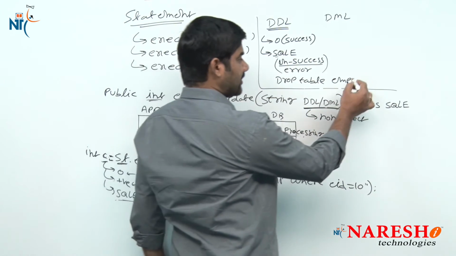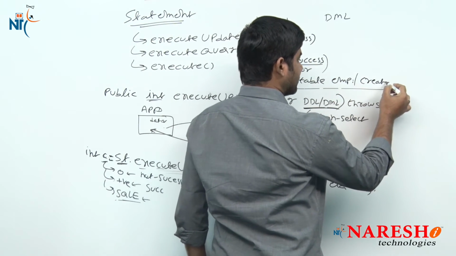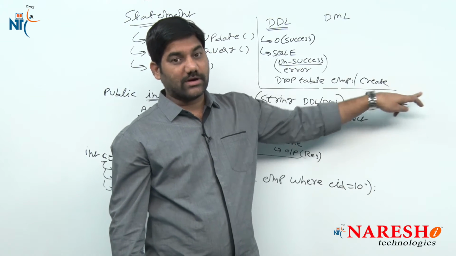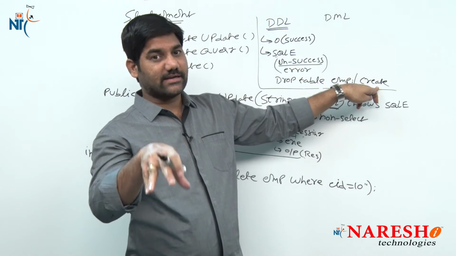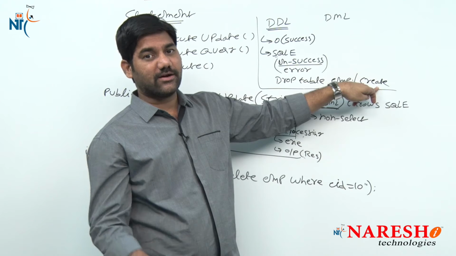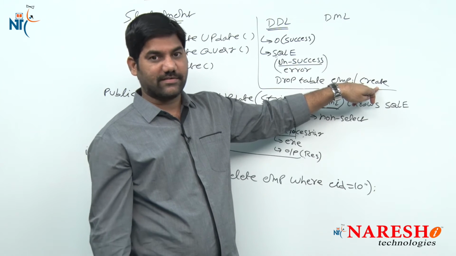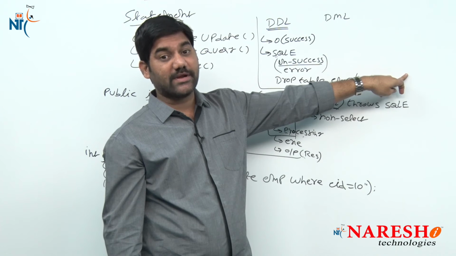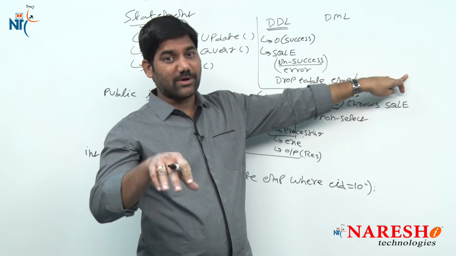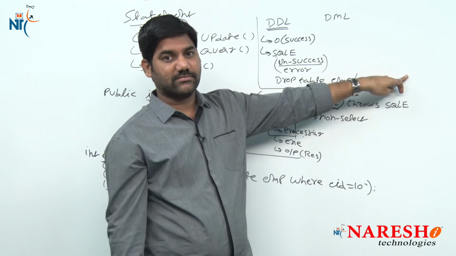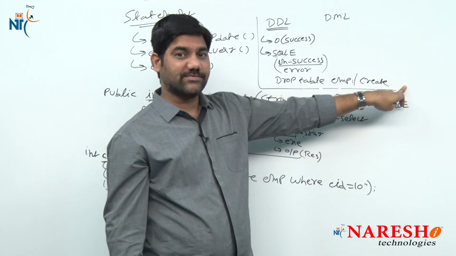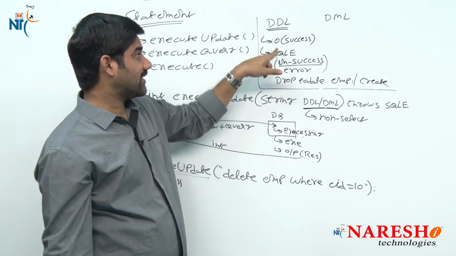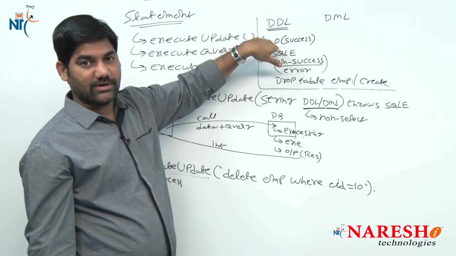Similarly, when you use the create table command, if you write create table employee followed by something, a table is constructed in the database. How many records are affected, sir? No records are affected, but the table is created. Table creation is nothing but a memory allocation. And in that memory, is there any data, sir? No data. So, the table is created successfully, but no records are affected. Here also the number of records affected is 0 only.